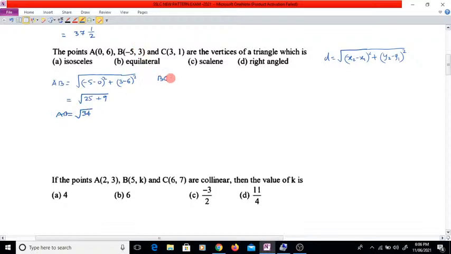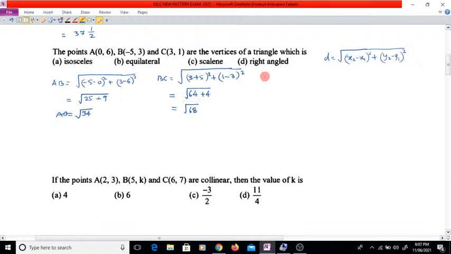So BC equals square root of (x2 minus x1) whole square, that is 3 minus of minus 5, that is 3 plus 5 whole square, plus (1 minus 3) whole square. So this equals 3 plus 5 is 8 square is 64, plus 1 minus 3 is minus 2 square is 4. So this is 64 plus 4, square root of 68.